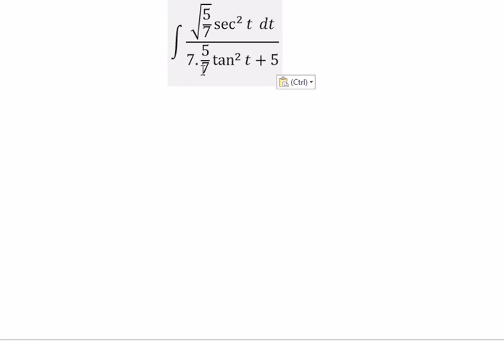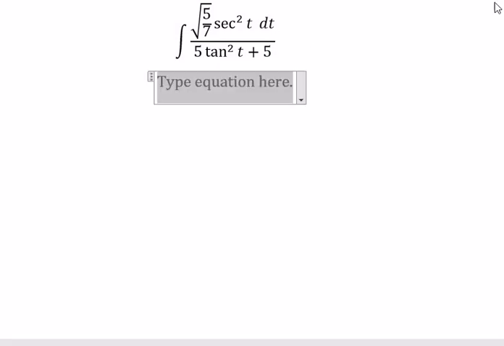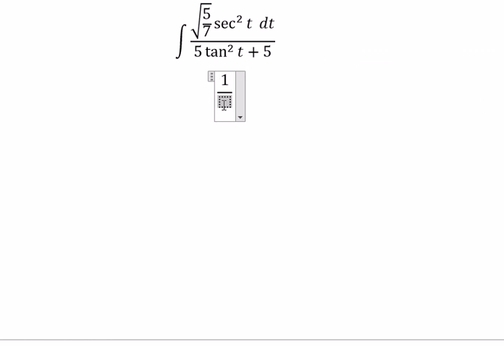Seven multiplied with 1 over 7, you got 5. We put number 5 outside. And this one goes outside too.